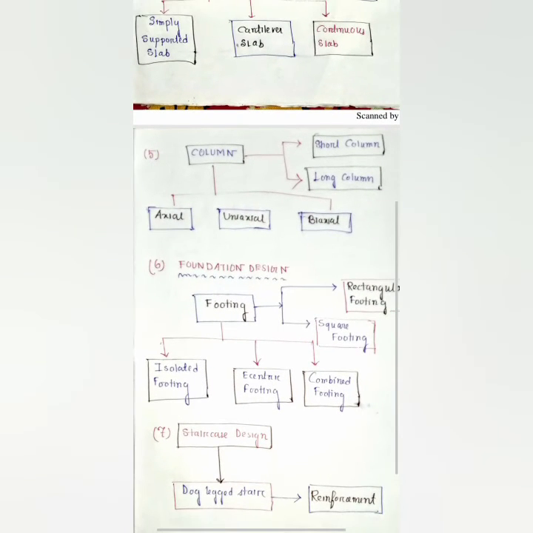After slab we will study column. We all have seen the columns in our buildings, rectangular column or square column, circular, etc. We all have seen them in our buildings, right? So in the chapter on column, we will see the classification, short column, long column. We will discuss the behavior of them.